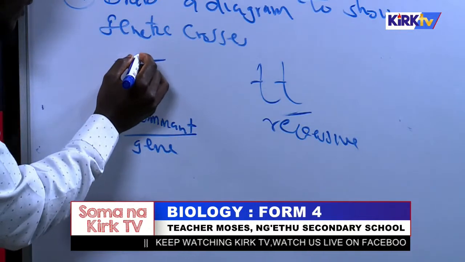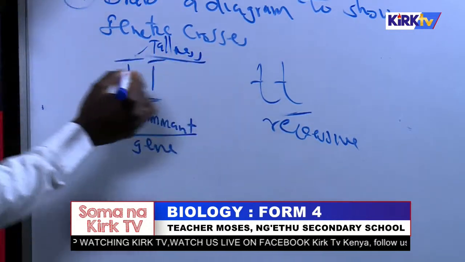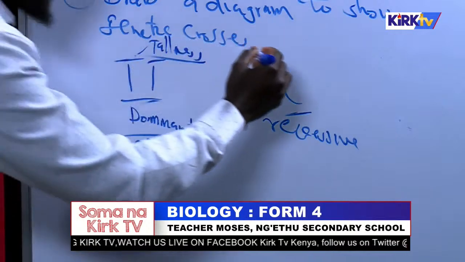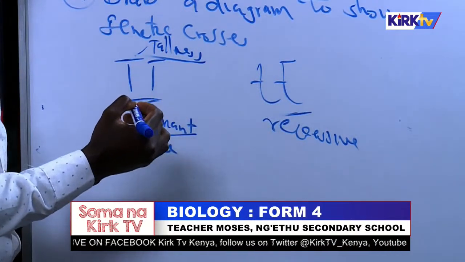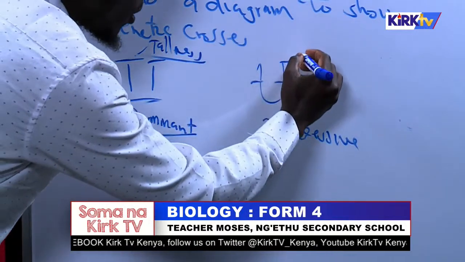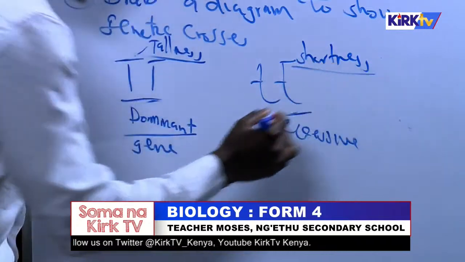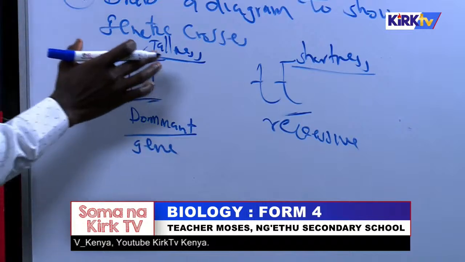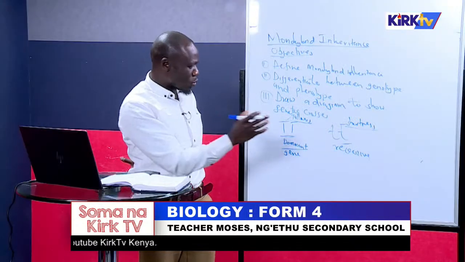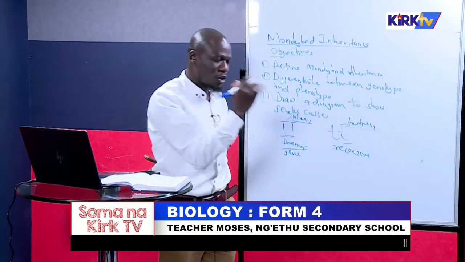This one represents the tallness, while this one controls the shortness. So for this case, we have these genes controlling the height. One controls the height for the tallness. Another one controls the height for the shortness.